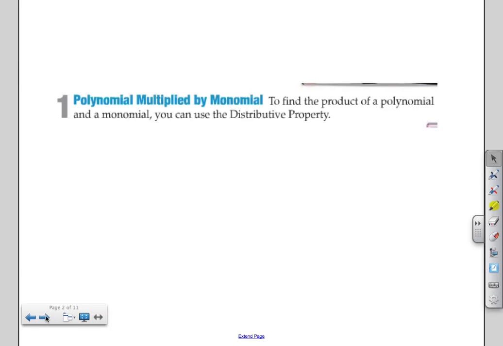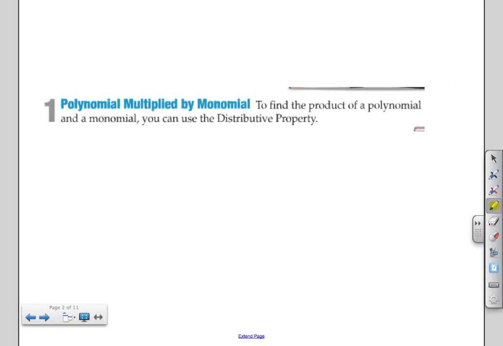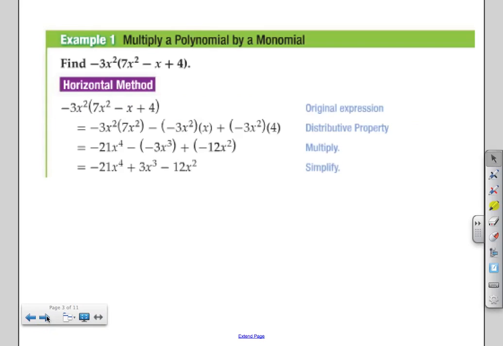Here it is. Okay, so like I just said, to multiply a polynomial by a monomial, you're going to use the distributive property. Here we go.